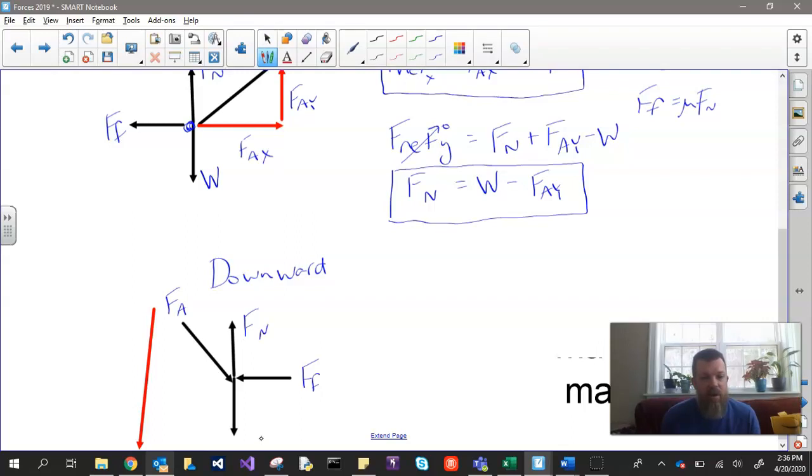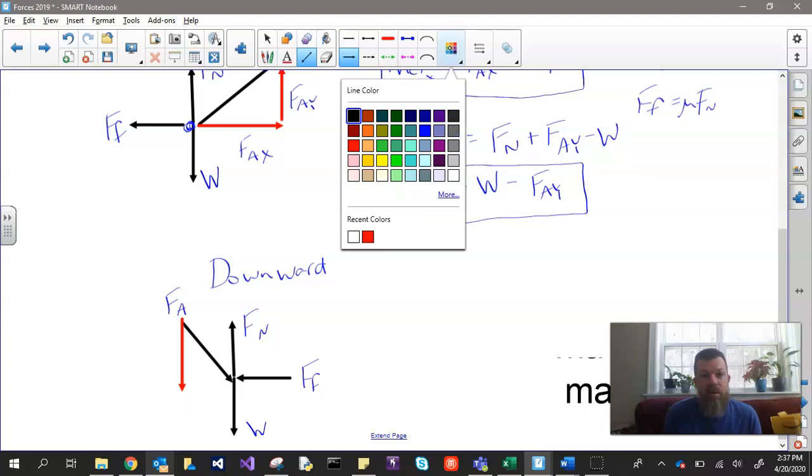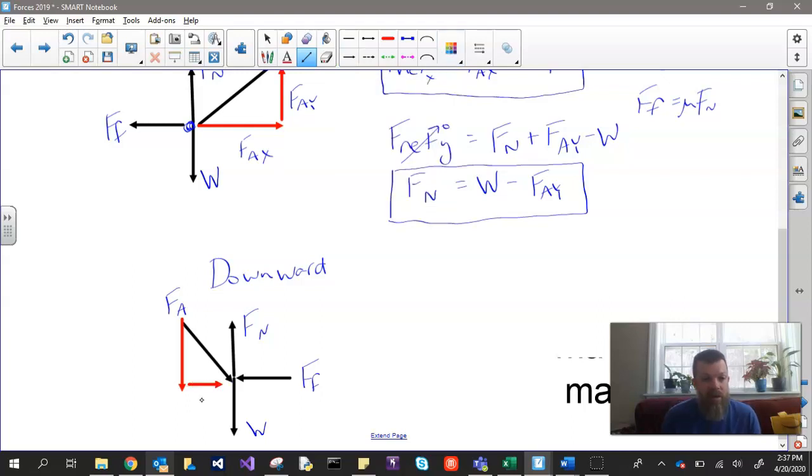The normal force is still upward, weight is still downward. Remember that we still have to break this into our components, so this is Fay, and this is Fax here, and this is Fay.